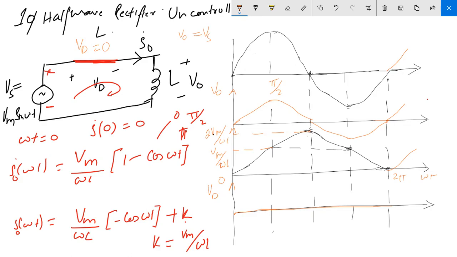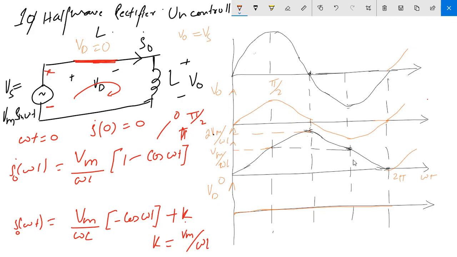If you find out the resistive load, there you would have seen that the diode does not conduct for the negative half cycle, but for an inductive load the diode conducts for the negative half cycle. And regarding the shape of the waveform, the shape of the output voltage V naught and I naught is different.